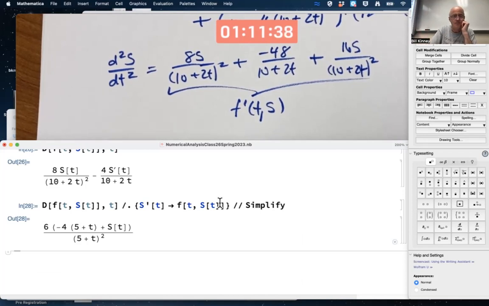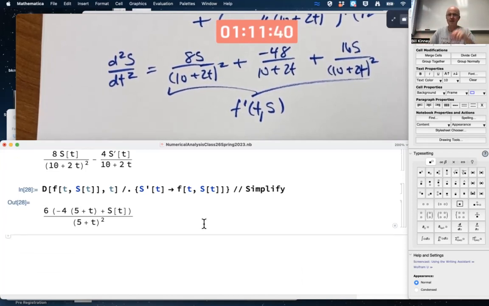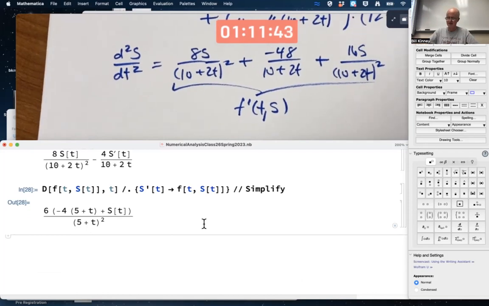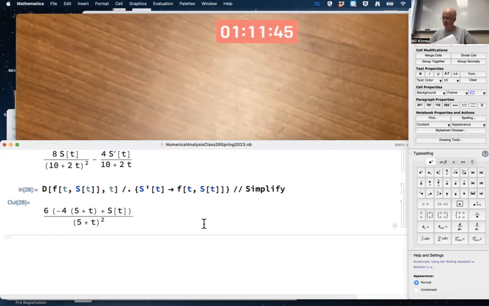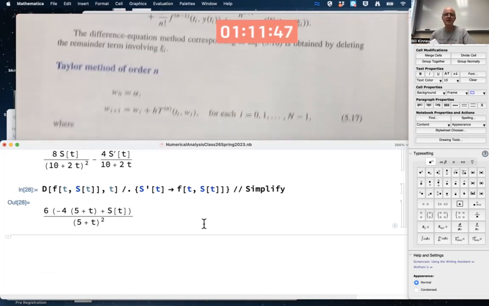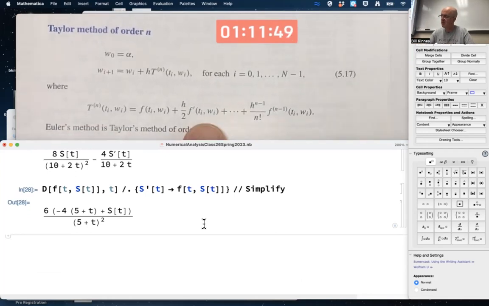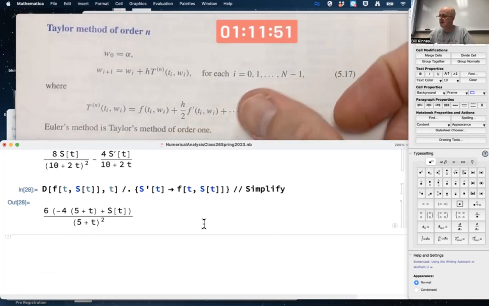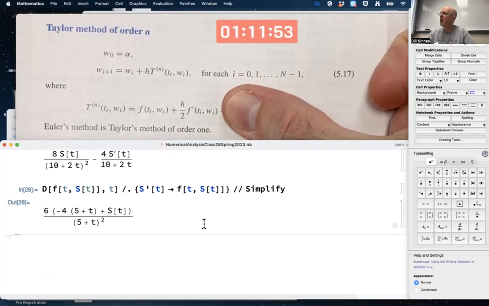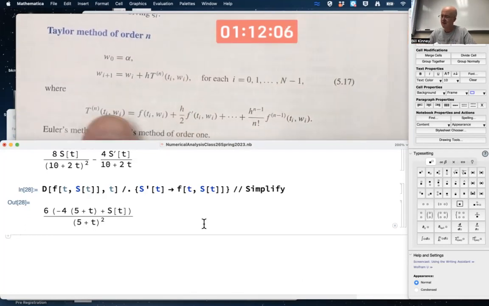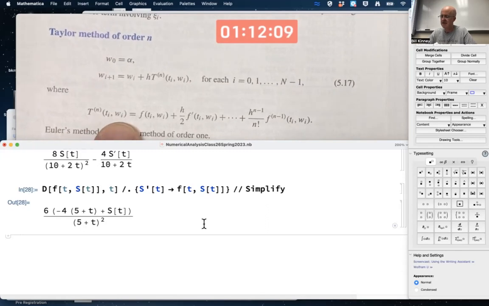What do we do with this? Let's go back to the book now. That entire expression is what we replace the F prime with here in this thing. Though we don't want an S of t in there, we want just a plain S. Just like when we apply Euler's method using nest list, we didn't write an S of t, we just had an S. So maybe I want to use capital T here.